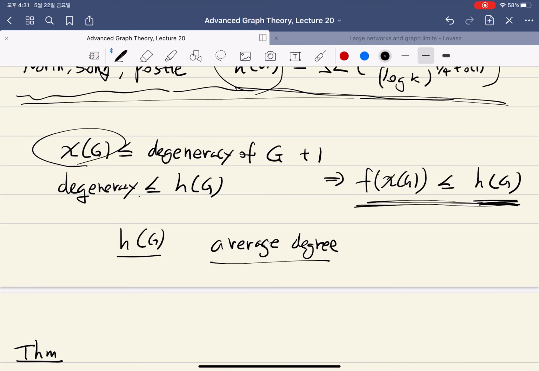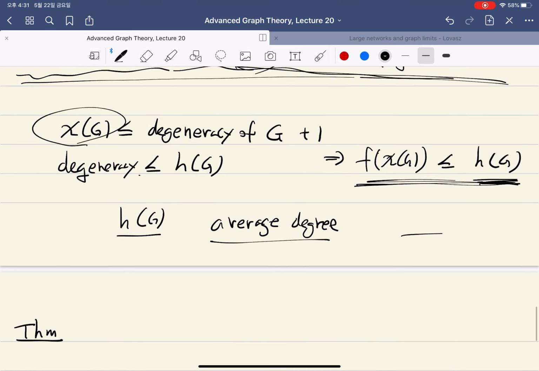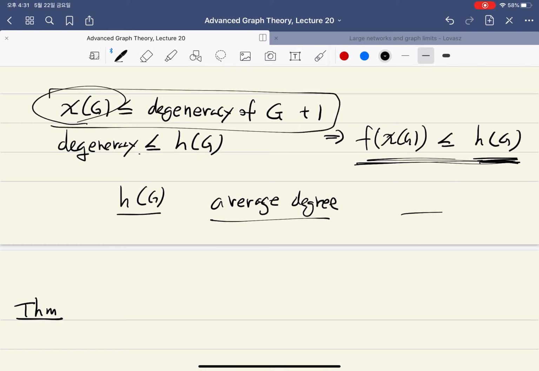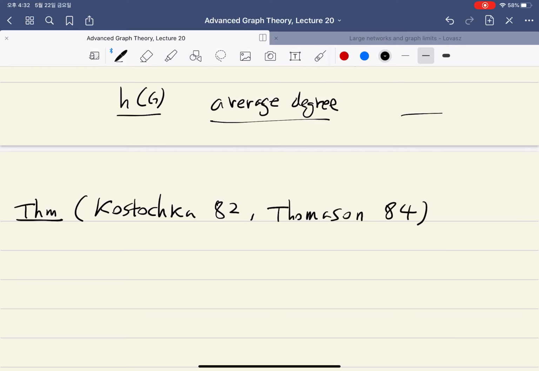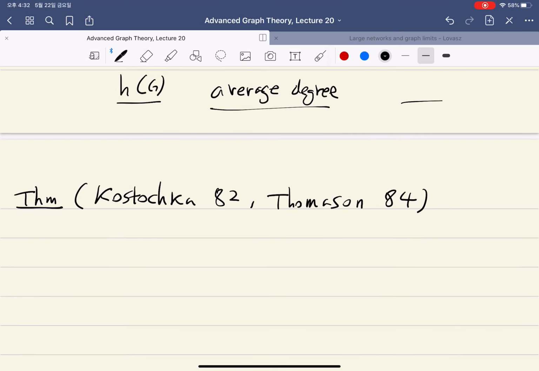And from average degree to chromatic number, we know some bounds, which come from the relationship between average degree and degeneracy. So anyway, this motivates us to study the relation, which is this result, proven by Kostochka and Thomason independently.